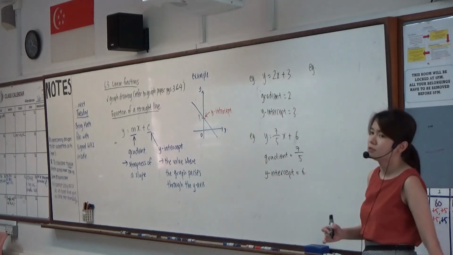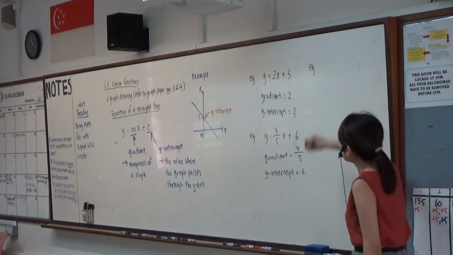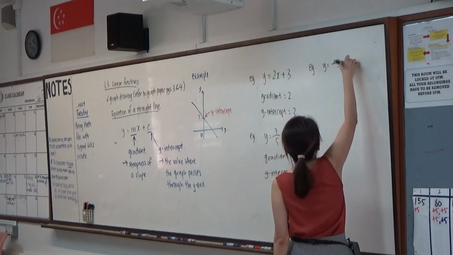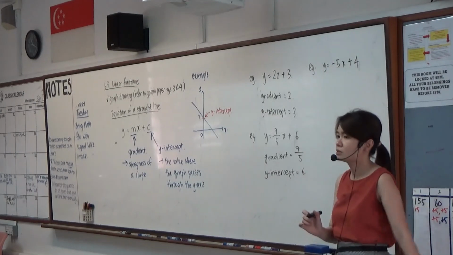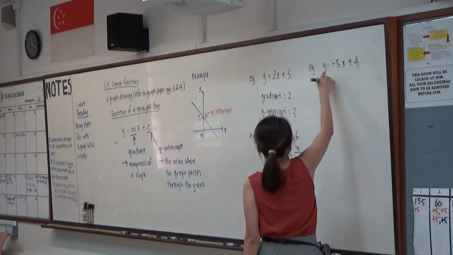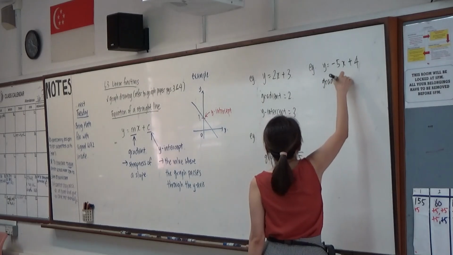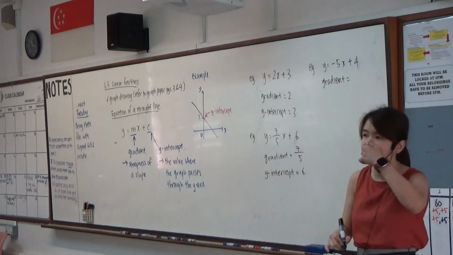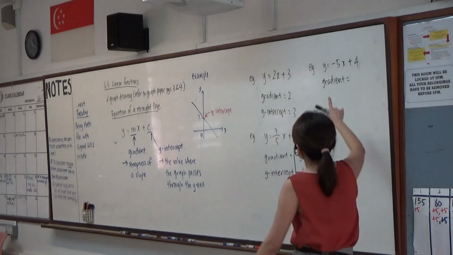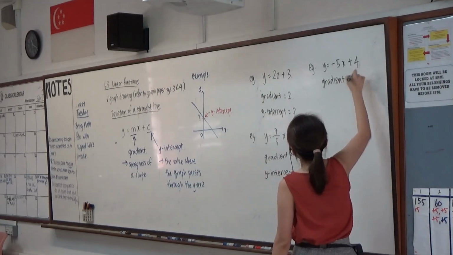Another example. What if I have y equals negative 5x plus 4? Okay? Then the gradient. Okay, we must know that negative numbers are still numbers. So the gradient will actually be, in this case, negative 5.